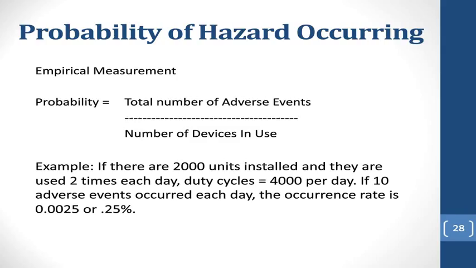Well, that means they're used 4,000 times a day. And if you had 10 adverse events, the occurrence rate would be 0.25% or 1/4%. Well, you could say to yourself, okay, that's really low, but if you actually multiply that by 365 days, you're like, oh, you know what? There could be several occurrences of this problem.